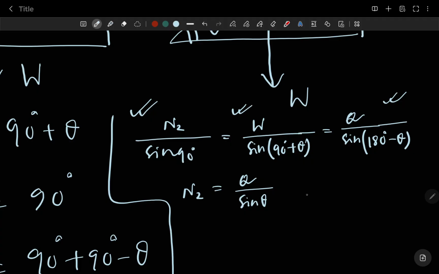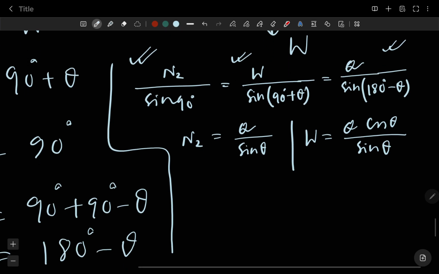And equating second and third, we will get W equals, sin 90 plus theta is, in the second quadrant, cos theta. So Q cos theta by sin 180 minus theta, that is sin theta. Okay, fine.